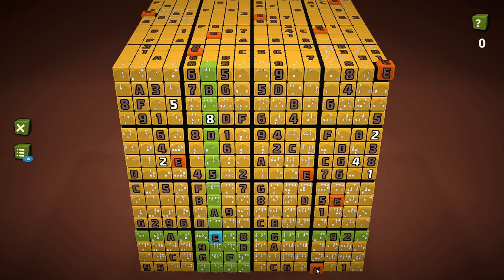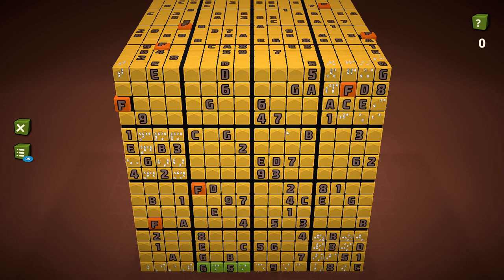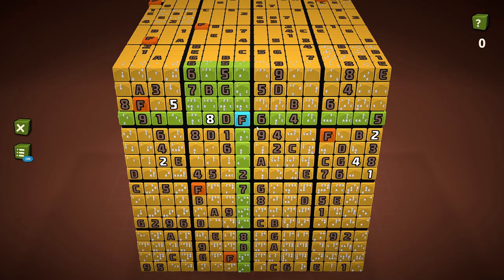Right, it can't be bottom row. Yeah, everything's looking very complicated now, isn't it? F. Can't be bottom 2 rows. Could totally be top 2 rows. Could be anywhere in the top 2 rows. No, and no.